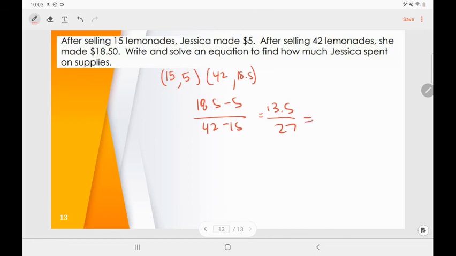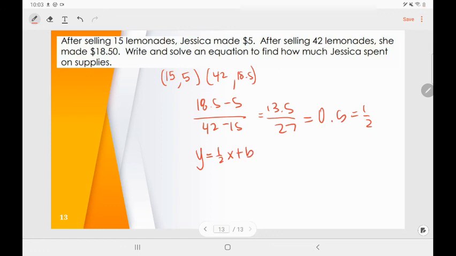Please do not leave your slope as a weird fraction-decimal thing. 13.5 divided by 27 is a grand total of 0.5 or 1/2. You can write it either way when I don't have to graph it. So far I have y equals 1/2 x plus b.